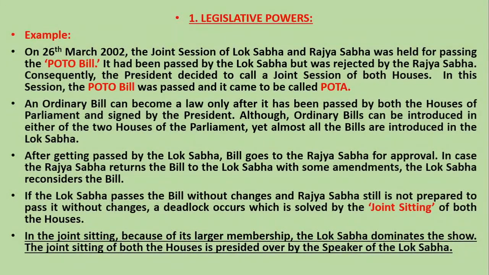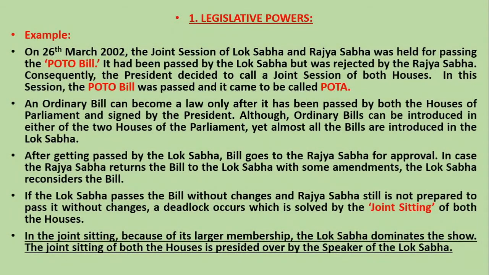After getting passed by the Lok Sabha, bill goes to the Rajya Sabha for approval. In case the Rajya Sabha returns the bill to the Lok Sabha with some amendments, the Lok Sabha reconsiders the bill. If the Lok Sabha passes the bill with changes and Rajya Sabha still is not prepared to pass it without changes, a deadlock occurs, which is solved by the joint sitting of both the houses.